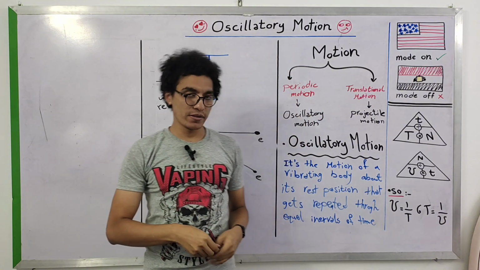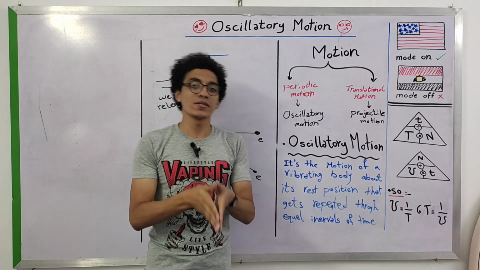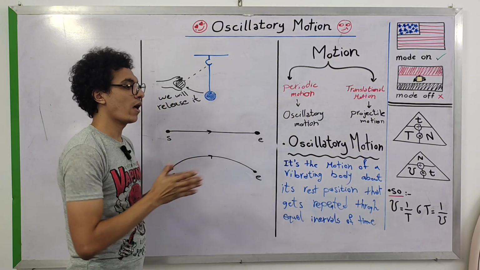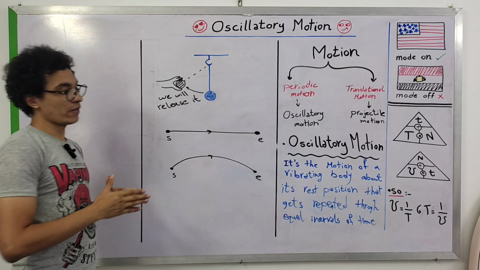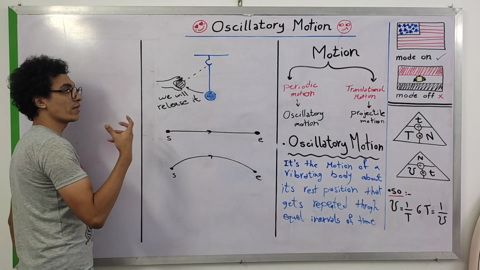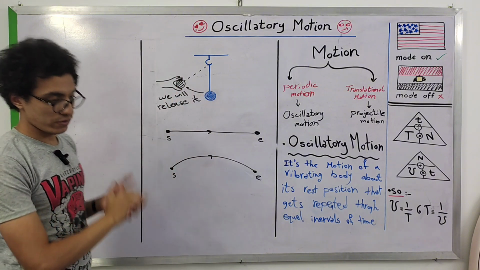So anybody vibrating like this is called an oscillator in our English language. Okay, look at this simple pendulum. I showed you a vibrating example, and this is on the board.